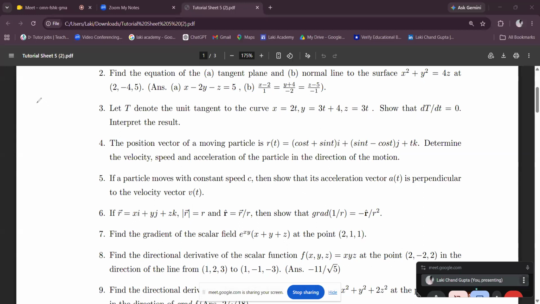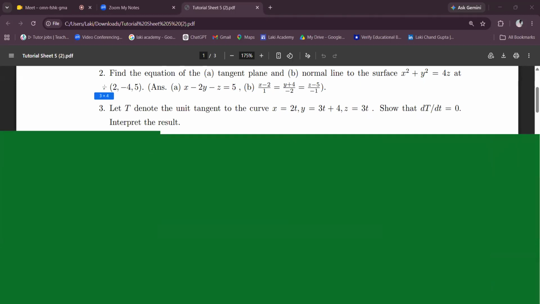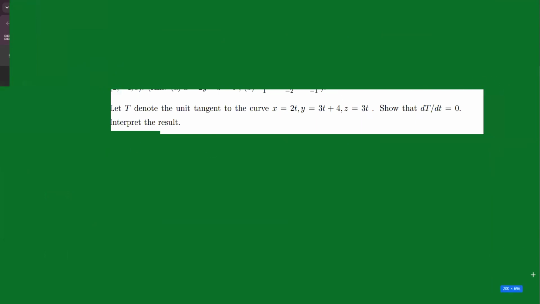Now see question number 3. T denotes unit tangent to the curve. So first of all, we have to find unit tangent, right? And we have to prove that capital T with respect to small t, dT upon dt, is 0.